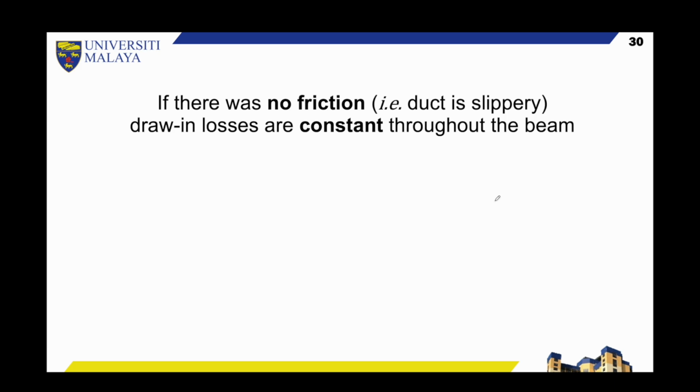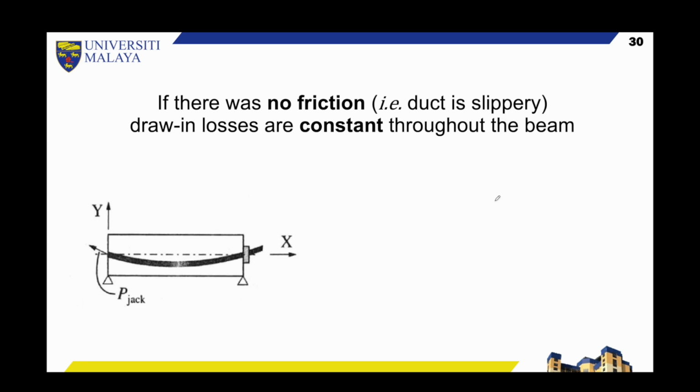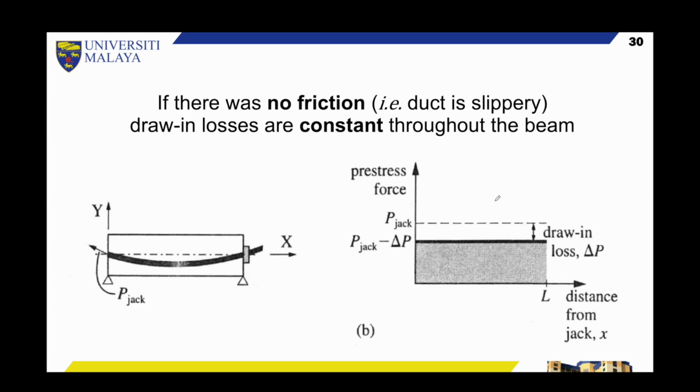If there was no friction at all, maybe the duct was totally slippery or was lined with some grease, for example, then draw-in losses would be constant throughout the beam. From the end all across the beam, the losses would look something like this, the draw-in losses.